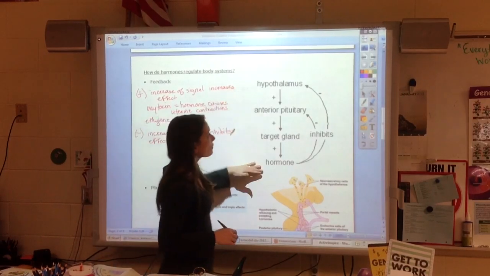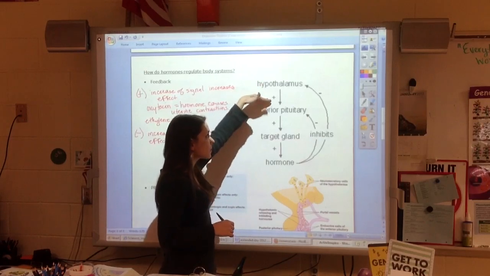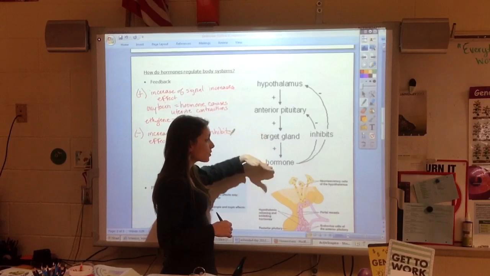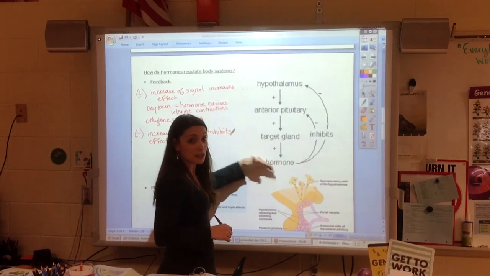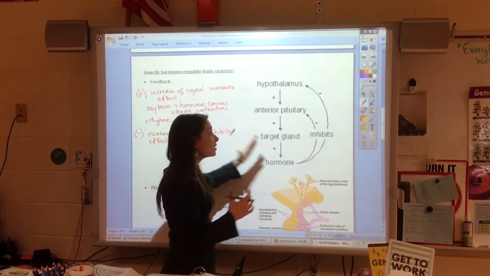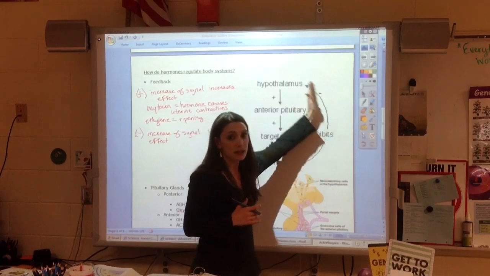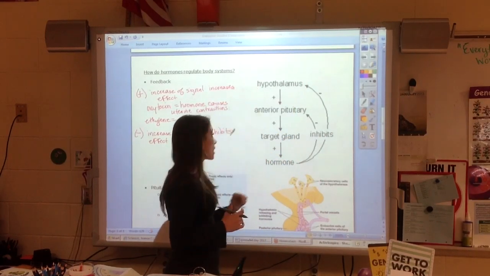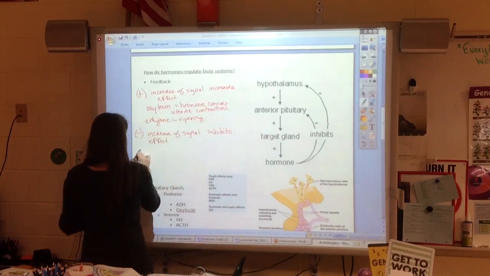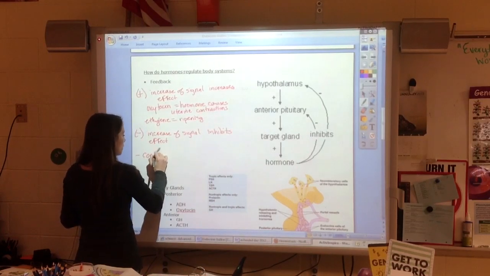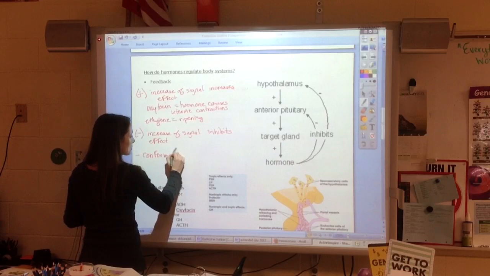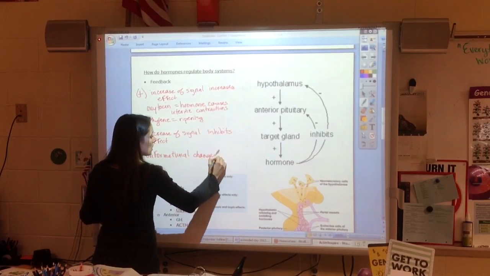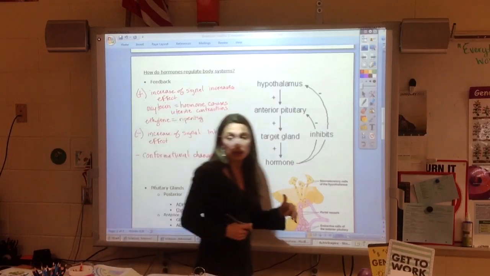So if you look at this little flow chart, the hypothalamus creates something that turns on the pituitary, that turns on the target gland, that creates the hormone. Large amounts of this hormone, if I have enough of it, are actually going to go backwards and negatively feed back on these two mechanisms. One of the big things that we want to see is the idea of conformational changes. A molecule being able to bind and have a direct effect.